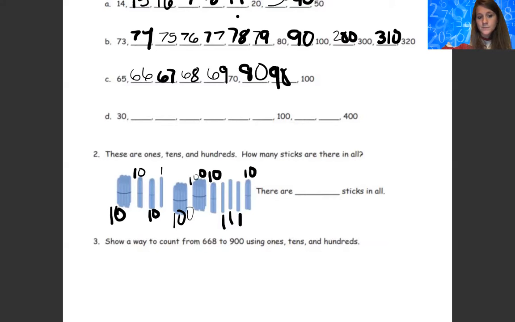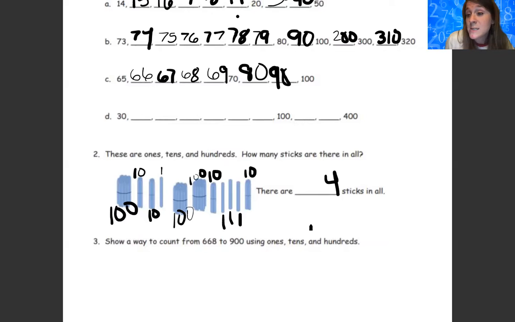Okay. So let's figure out how many go in the ones spot. Count all the ones for me. How many ones are there? 4. Yeah, 1, 2, 3, 4. So we have 4 in the 1 spot.